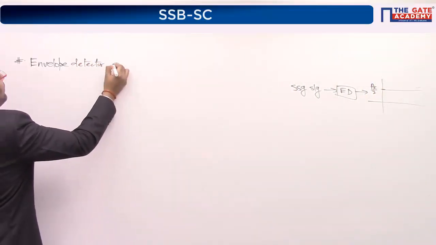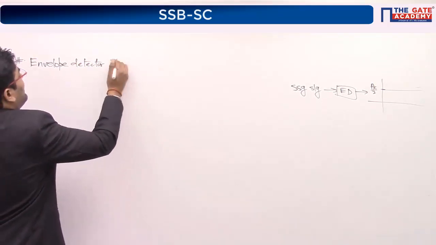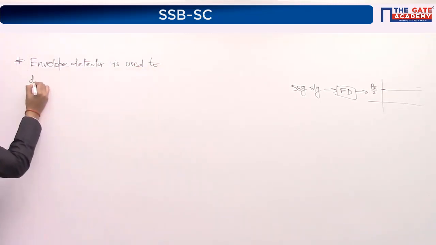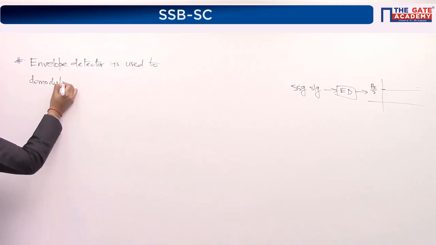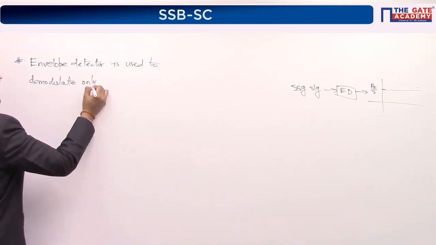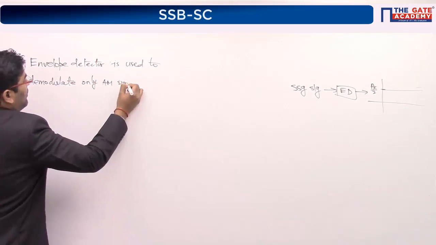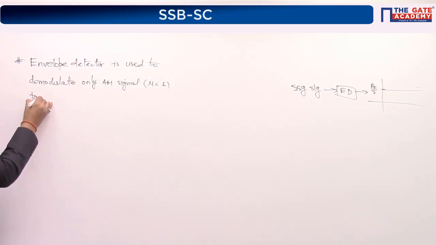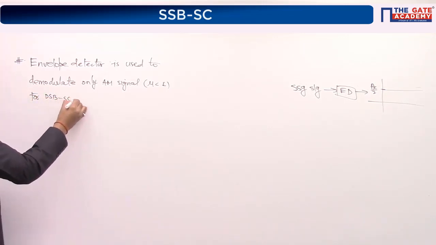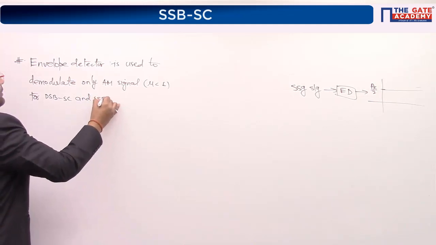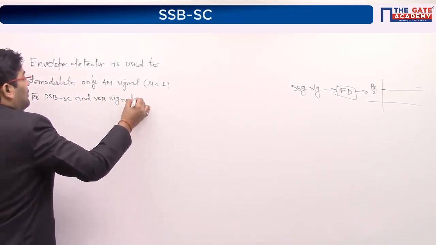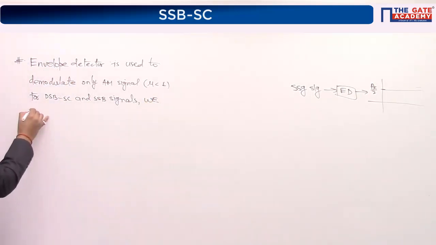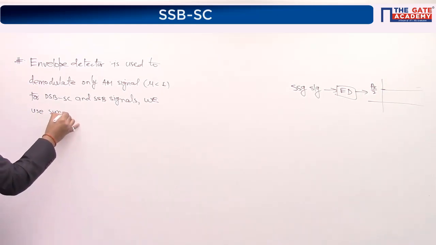Envelope detector demodulation technique. Envelope detector is used to demodulate only AM signal, and that too mu has to be less than 1. For double sideband suppressed carrier and SSB signal, we use a synchronous detector.